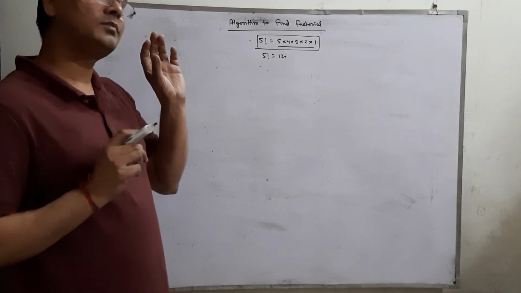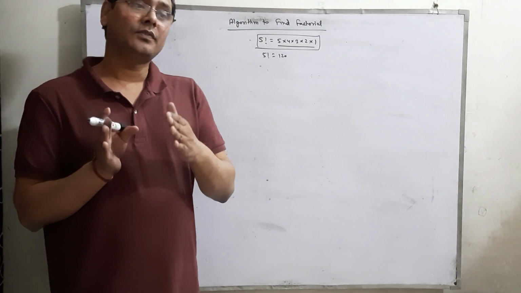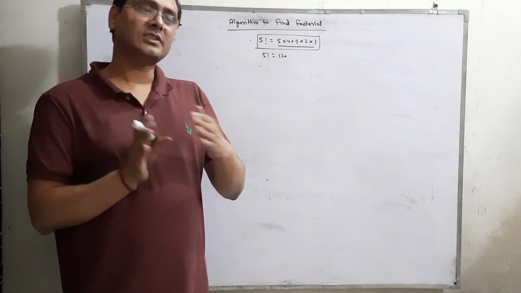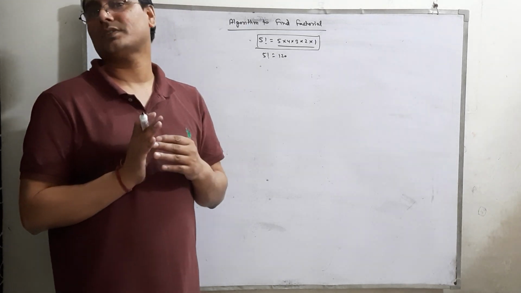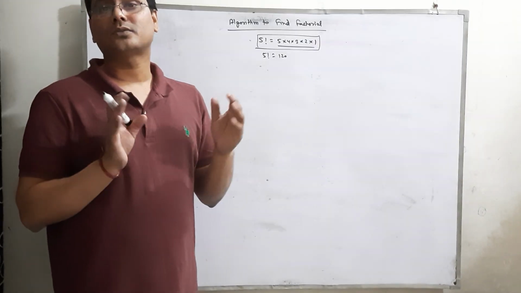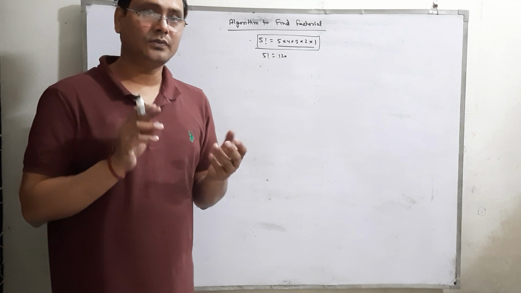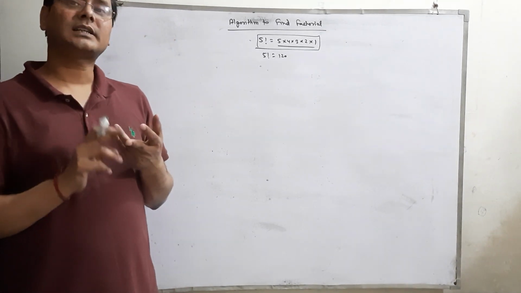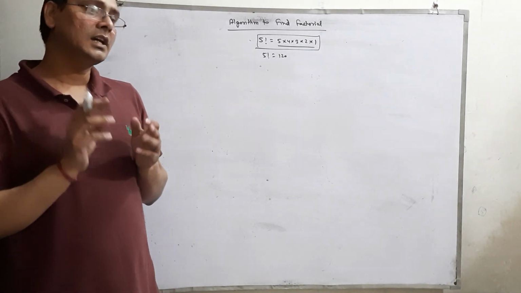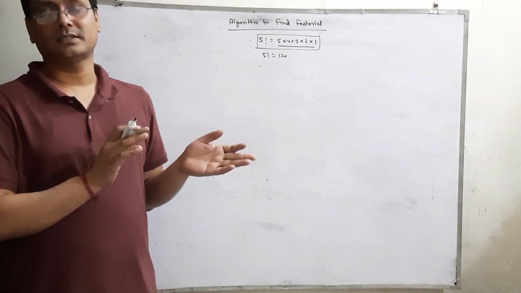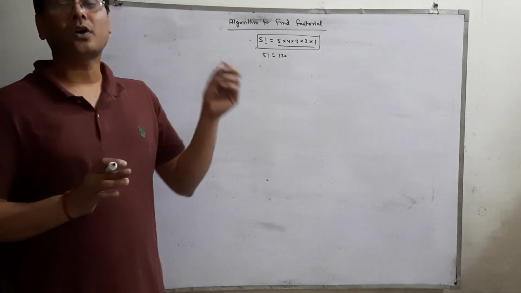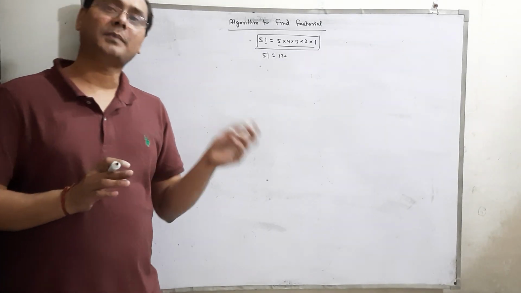One thing you must remember: whenever we are adding or multiplying continuous numbers, there are 2 processes. If you are adding, you must take a variable with 0, because 0 cannot change any value after adding it, and 1 cannot change any value after multiplying it.